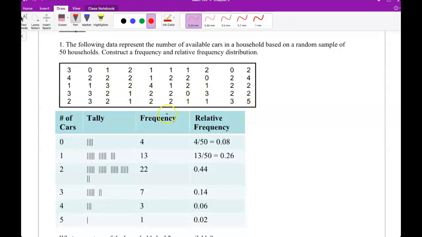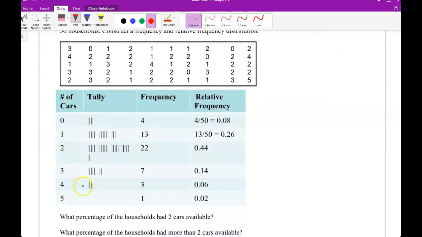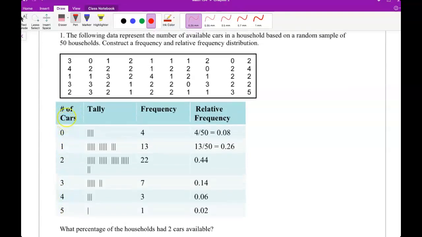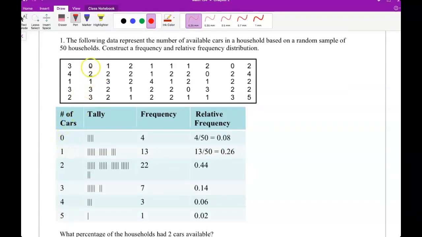Okay, so we have all this data and we already have this information for frequency and relative frequency. The first column is number of cars. Here we have 0. See how many zeros we have in this table. We have 0, 1, 2, 3, and 4. The second column is the tally, and the third one is frequency.